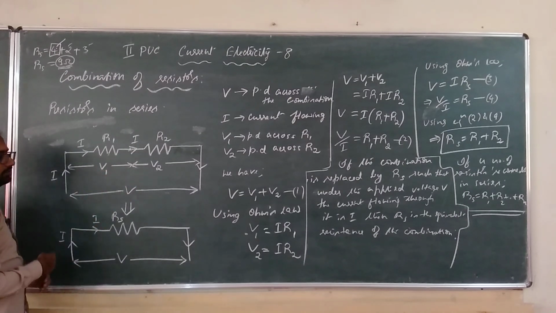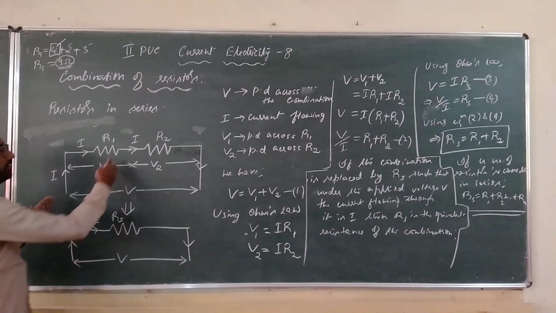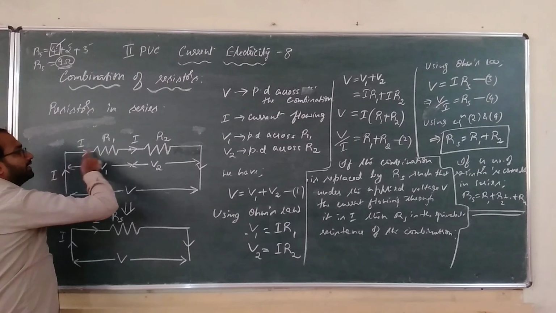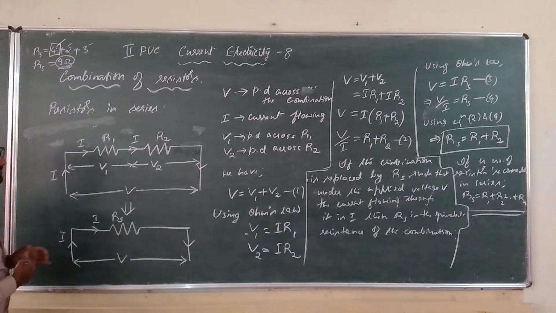However many resistors there are, the current flowing through each resistor is the same. So that is about the series combination of resistors.